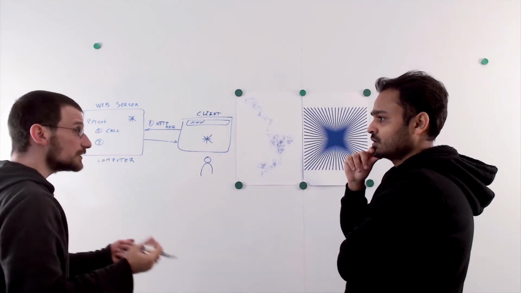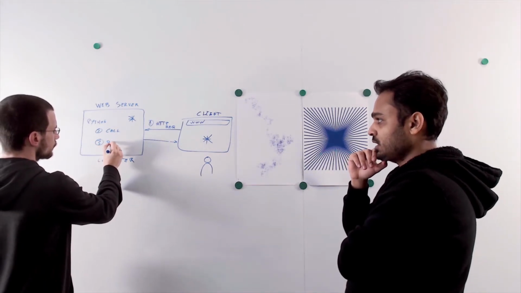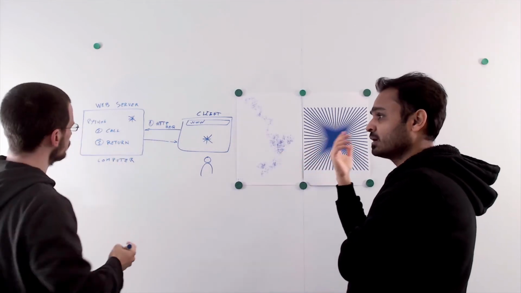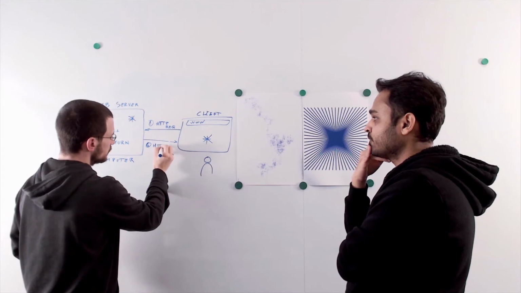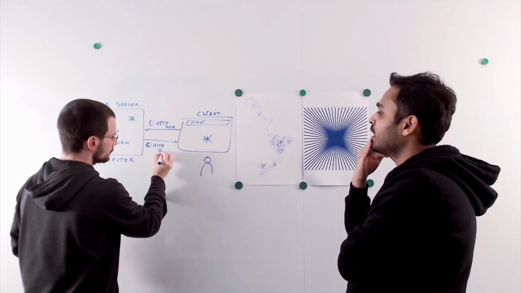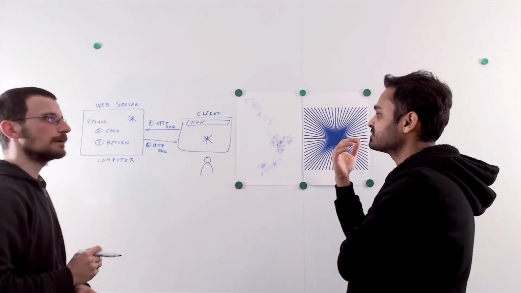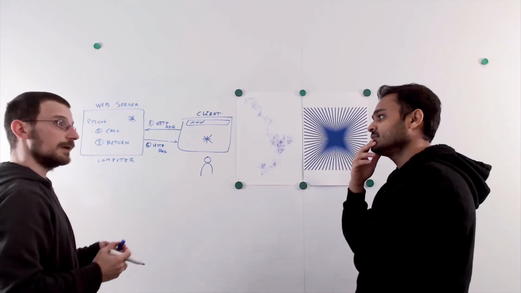Then your function returns a result and sends it back to my friend's browser, an HTTP response. So the concept of HTTP is sending a request and receiving the response between two computers. Exactly.